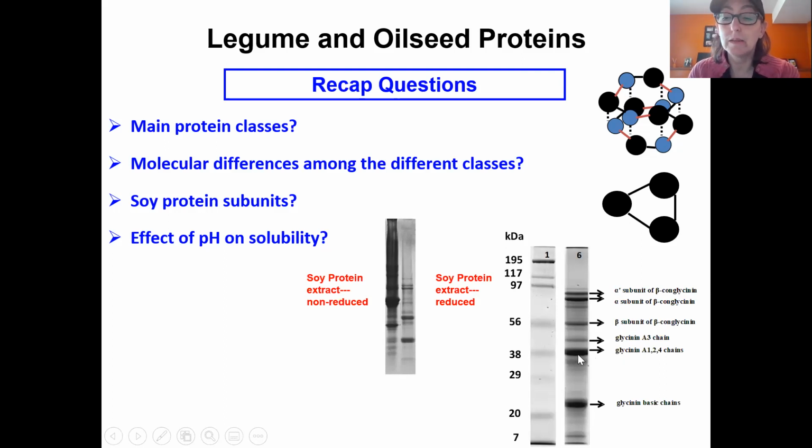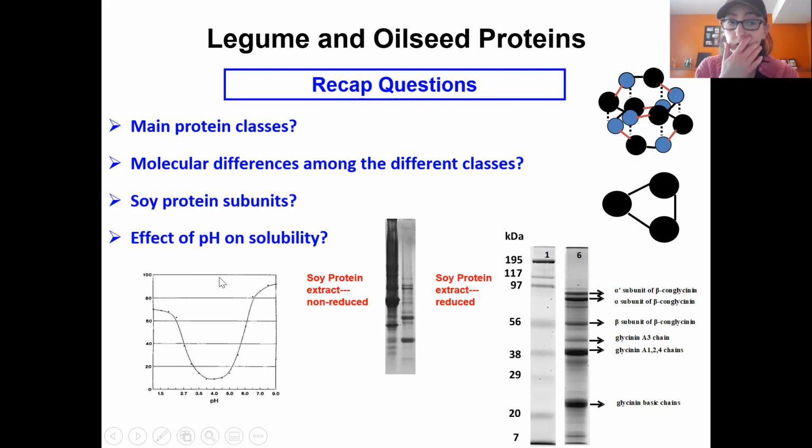For glycinin, we have the acidic and the basic subunits. For the acidic, we have different varieties or variants known to exist. This is a gel run under reducing conditions. Under non-reducing conditions, the acidic and basic subunits will be linked together, and they won't migrate into individual bands.